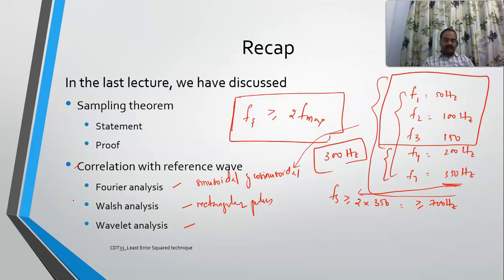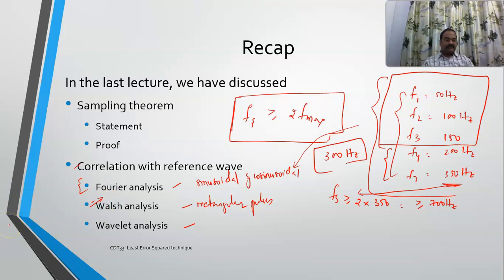In olden days, we had difficulty with float variables or float data. So nowadays, with the advent of modern computers, we are not employing Walsh analysis. We usually employ Fourier analysis, but still in some applications where the reference waves are closer to rectangular pulses, we still employ Walsh analysis.